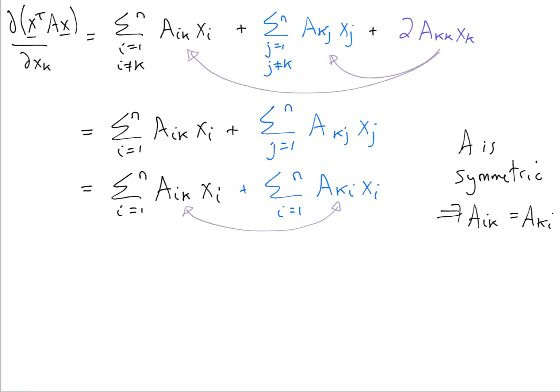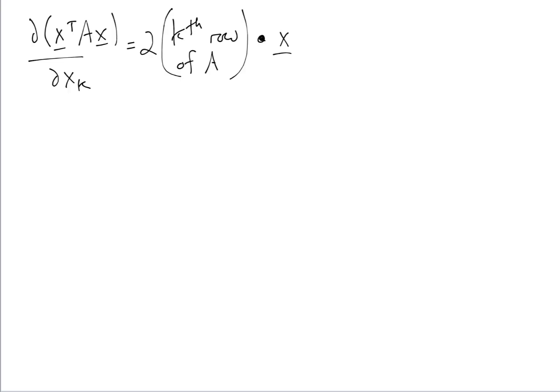And we can thus write it as twice the sum, i goes from 1 to n, of either. And it will be more convenient to choose the second, which is a_ki times xi. So we've seen that the partial derivative of our quadratic form, x transpose Ax, with respect to xk, is twice the dot product of the kth row of A and the vector x.